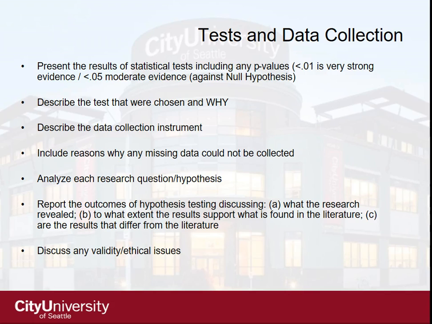You want to describe the tests that were chosen and used and why they were used. You want to describe the data collection instrument. So for example, here in Chapter 4, the test was based on Kouzes and Posner's Leadership Practices Inventory, which is a test of so on and so forth that measures this.